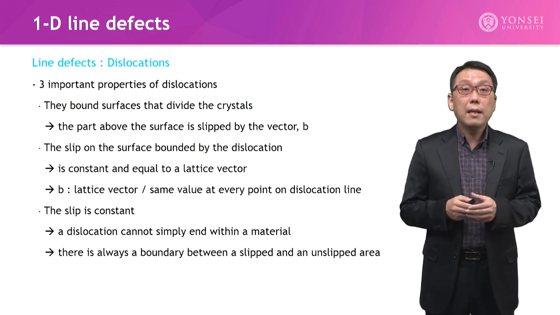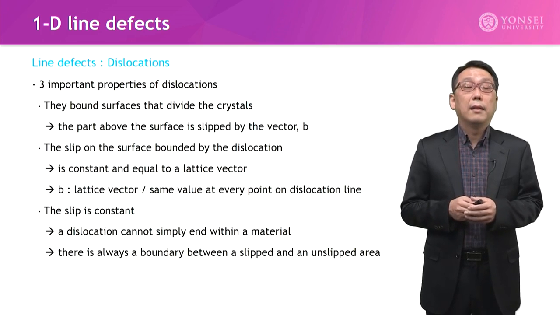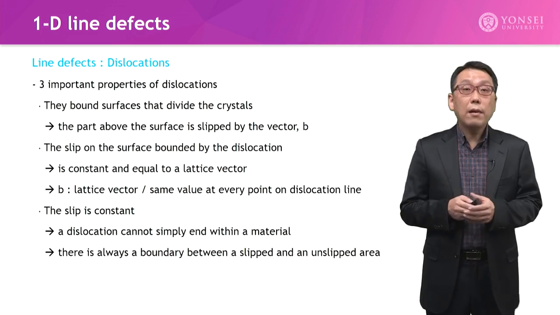Burgers vector B is a lattice vector and has the same value at every point on the dislocation line. The third, since the slip is constant, a dislocation cannot simply end within a material. There is always a boundary between a slipped and unslipped area.